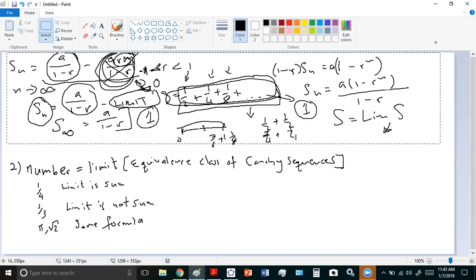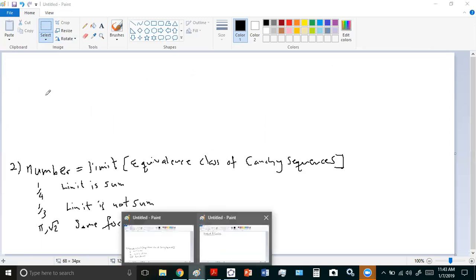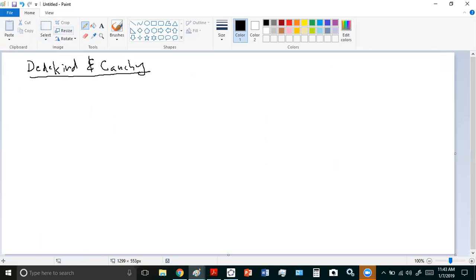Let me just get rid of that. Okay, so I'll come back to this here, but I first need to talk a little bit about Dedekind and Cauchy. Now, Cauchy really worked with convergent sequences or series. By the way, a sequence is derived from a series.